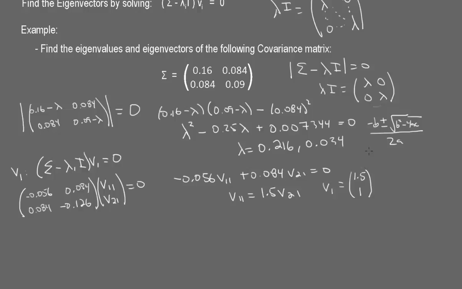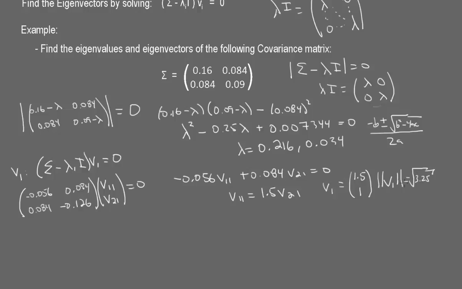Now what's commonly done is to express the eigenvector as a unit eigenvector. So what we need to do is divide each term in this vector by the length of this vector, so the length of v1. Now the length of v1 would be the square root of 1.5 squared plus 1 squared. So that's the square root of 3.25.